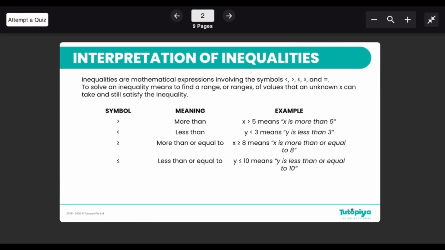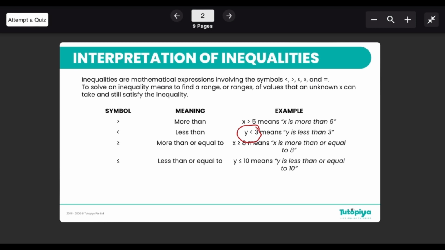If you write, for example, x with this symbol and 5, that's like saying all the values of x will be more than 5. Similarly, the next one tells me that all the values for y will be smaller than 3.